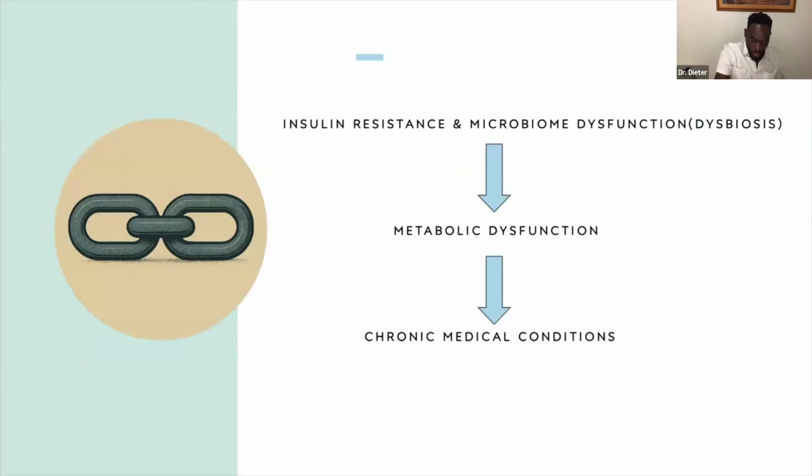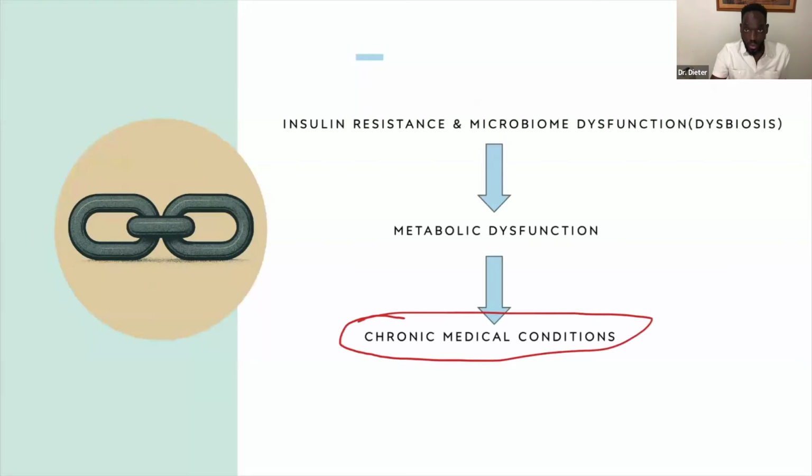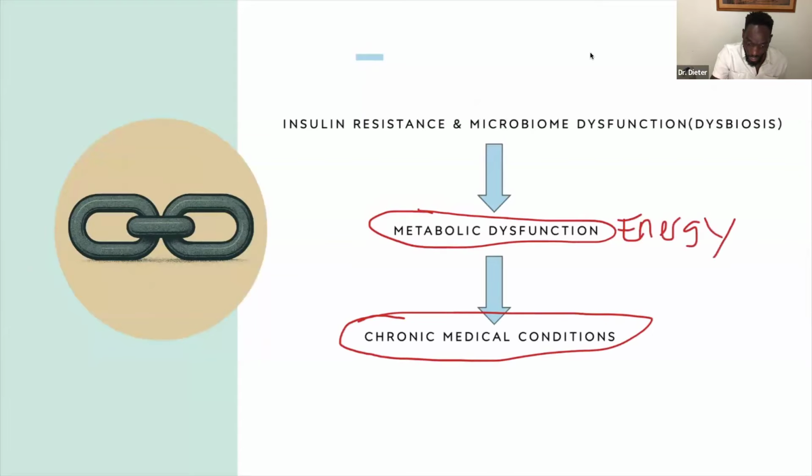As I just said, there is now strong evidence that most of the modern day diseases that we face today are a result of metabolic dysfunction. Metabolic dysfunction is just simply a fancy medical term that means energy shortage. And that energy shortage is driving most of the modern day diseases that we face today.